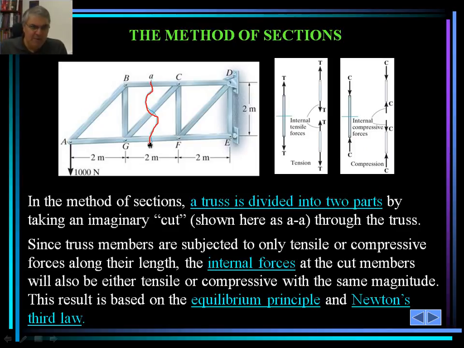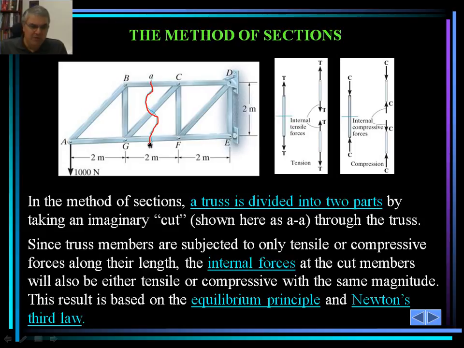So first we make a cut through the entire truss, or only through some sections of the truss. Since we know that the truss members are subjected to only tensile or compressive forces along their length, we would determine the internal forces at the members that have been cut.